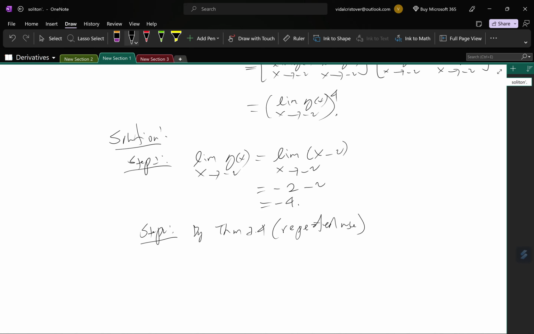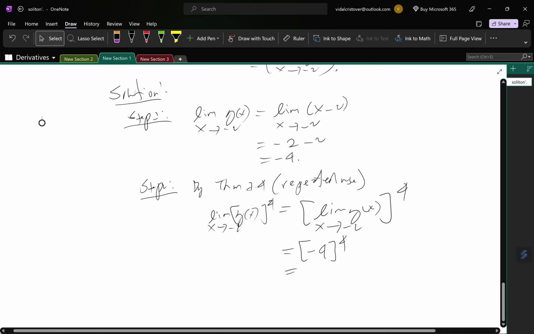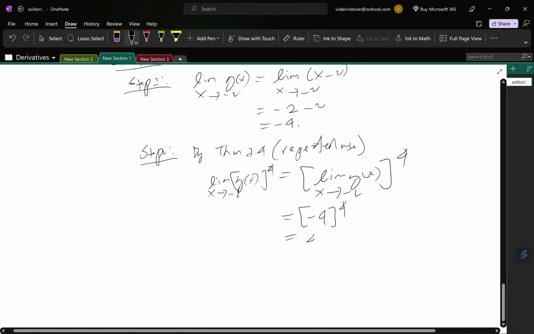By Theorem 7.4, the limit of g of x as x approaches negative 2, raised to the 4th power, is the same as the limit of g of x as x approaches negative 2, raised to 4, and this is equal to negative 4 raised to 4, which is equal to 4 raised to 4.